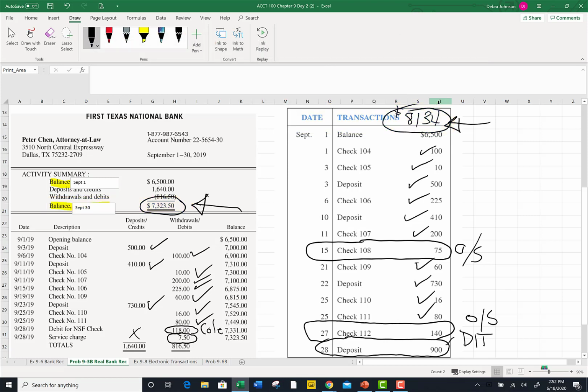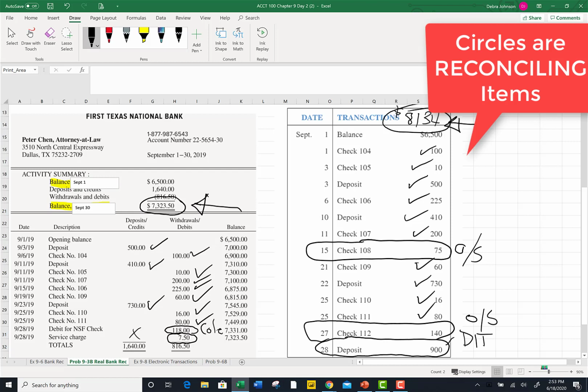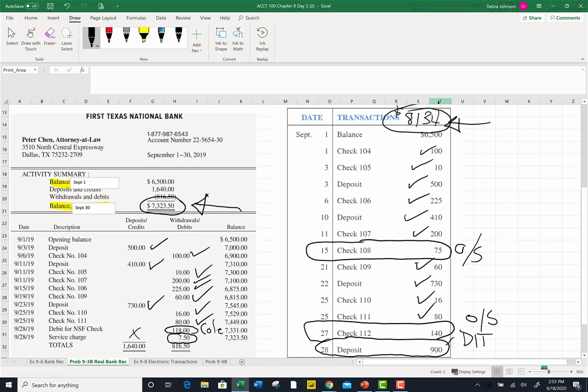We ran through the steps of the reconciliation process, checking off the things that matched and circling the items that don't match. The circles are the ones that we're concerned about. Again, the goal of a bank rec is to bring the two balances together. So let's check out where these circles would go on a formal bank reconciliation.